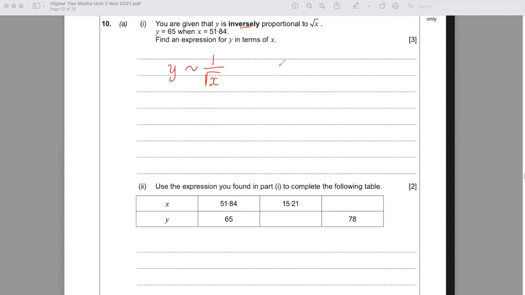In terms of a scale factor, y will be equal to k times 1 over square root of x, or it's the same as k divided by square root of x. It's kind of the same thing. It's just instead of 1 over, you write k over, and that is an expression of y in terms of x.